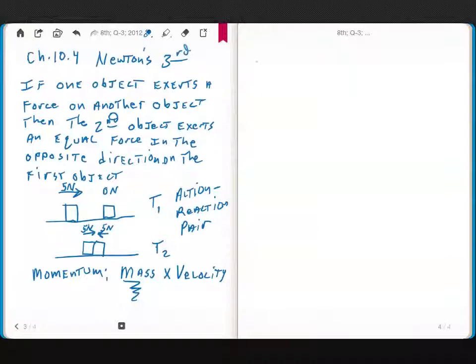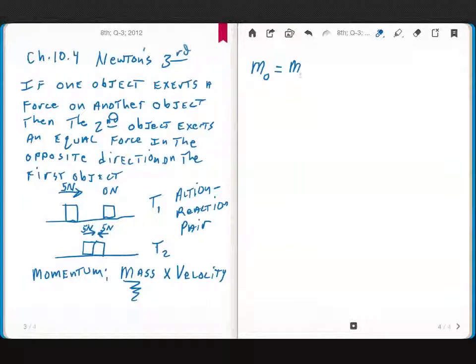Let's go up here now and abbreviate the momentum equation. Momentum is equal to mass times velocity. Is there a circle formula for this if it has 3 variables? Yeah. Who thinks they can figure out what the circle formula is?